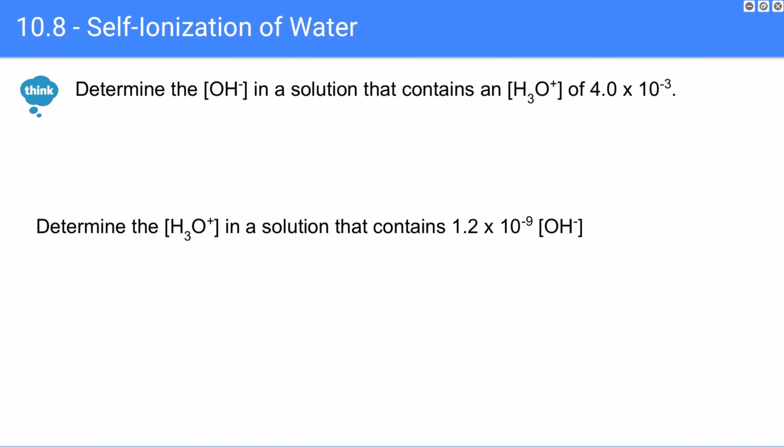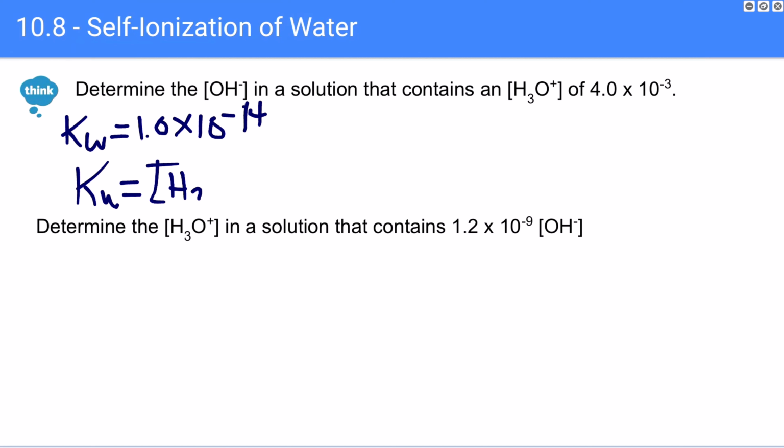All right, so we're going to go ahead and solve for this. I got out my handy-dandy little calculator to help us out, but let's go through and see what we can do to calculate these. Let's remember our equation here. Kw equals 1 times 10 to the negative 14th, and Kw equals H3O+ times OH-.